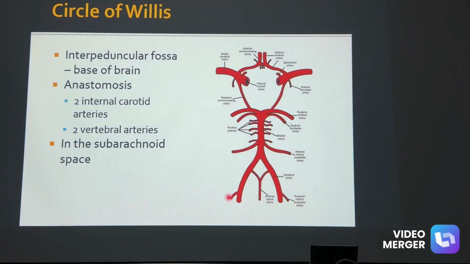This is the diagram which demonstrates the circle of Willis. This is the circle of Willis, and these are the anterior, middle, and posterior constituents of it. Now we have a systematic diagram of the constituents of the blood supply of the brain and formation of the circle of Willis.